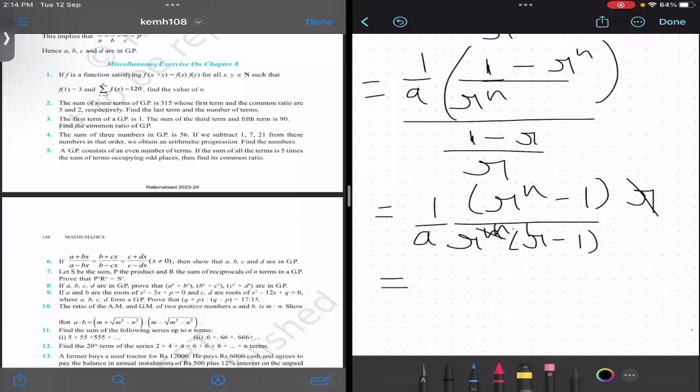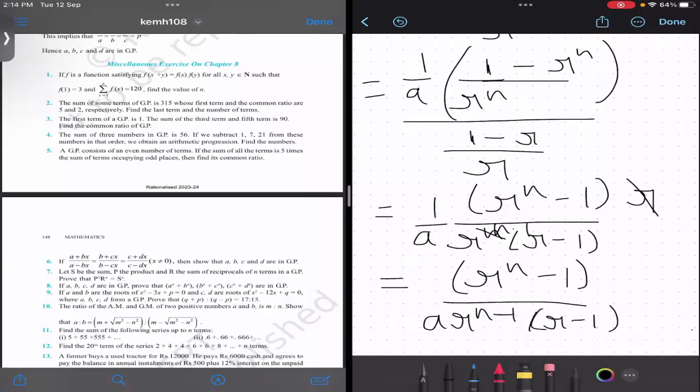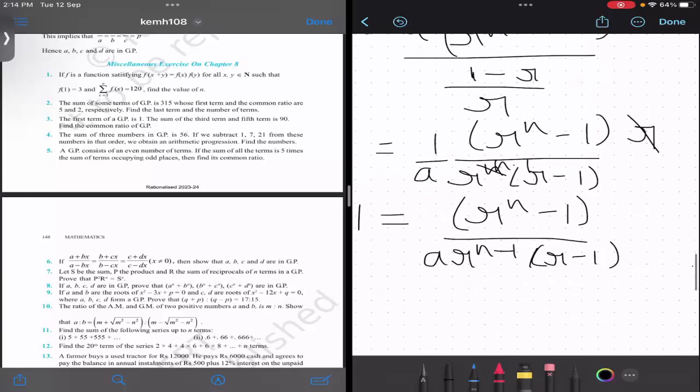So the final summation could be expressed as r raised to power n minus 1 upon a r raised to power n minus 1 into r minus 1. Right, so this is R.